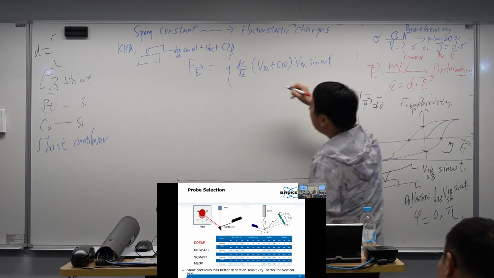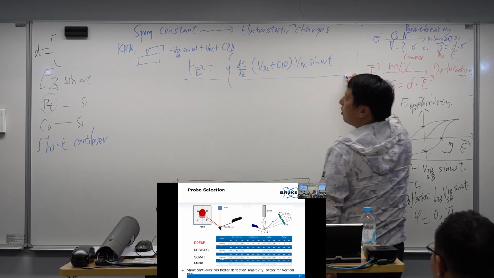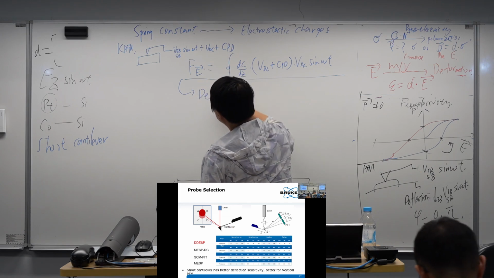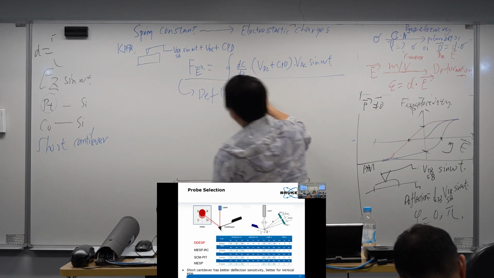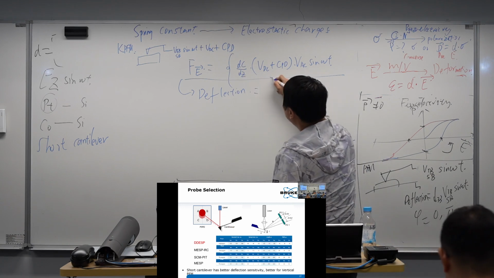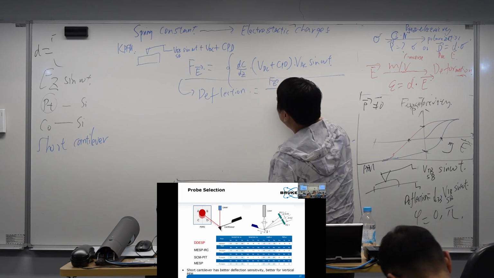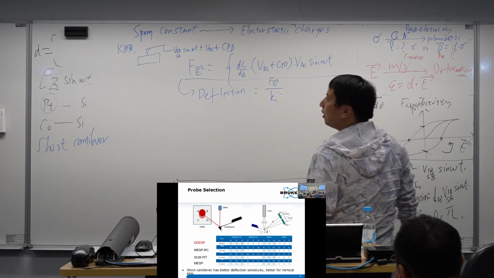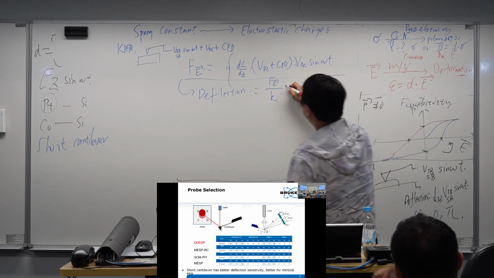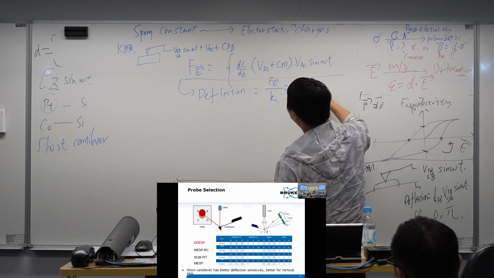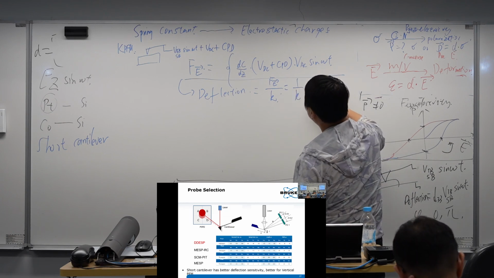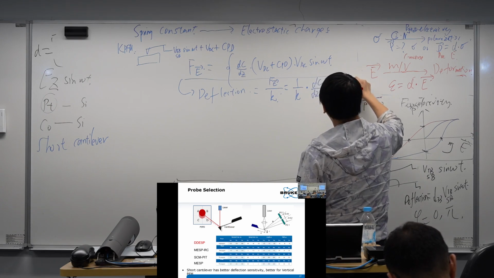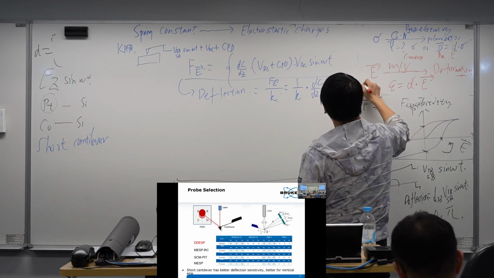So under this force, the probe should have a deflection. So the deflection should be electric field force divided by spring constant of the probe. So it should be 1 over K, dC over dz, VDC plus CPD, VAC sine omega t.